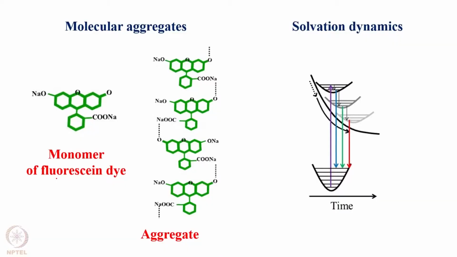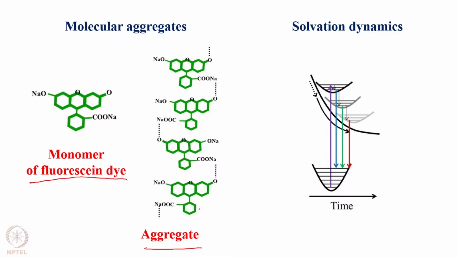As I told previously, there are different kinds of research projects that we are carrying out currently in our lab. This is the first system that we are studying. This is a monomer of dye which is called fluorescein, and this is an aggregate. Currently we are studying how molecular aggregates are formed, and then we are studying them spectroscopically.